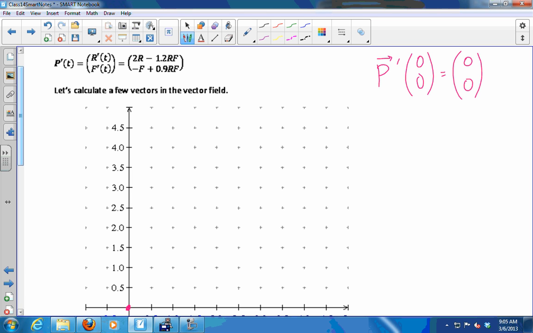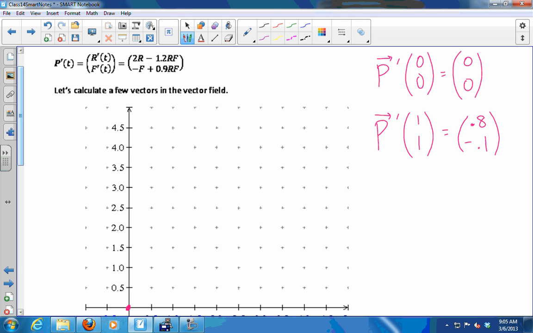Okay. So let's try calculating the derivative vector at 1, 1. Plug in 1 for R and 1 for F, and I get 2 minus 1.2, which is 0.8, and negative 1 plus 0.9, which is negative 0.1.